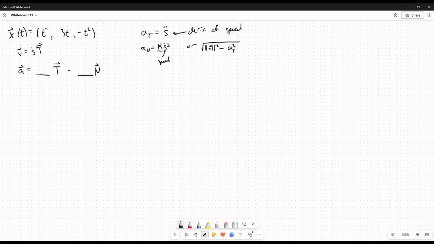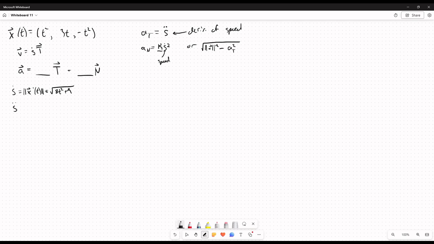So we can write acceleration as a linear combination of these two things using a couple of formulas. We can find the tangential component, the scalar that goes up front here, by taking the derivative of speed. So how would we do that? Well, remember that speed was the magnitude of the derivative, and we already found that as the square root of 8t squared plus 9.